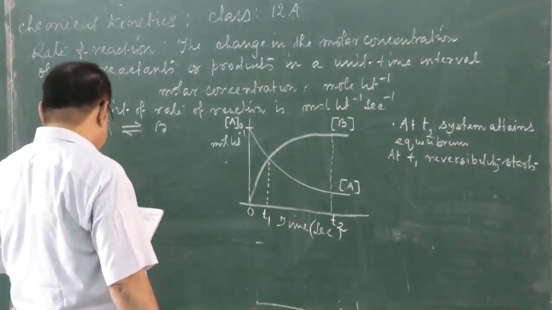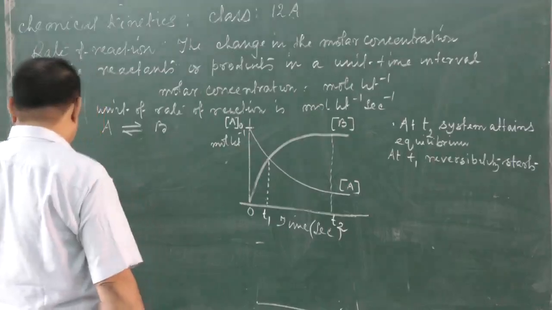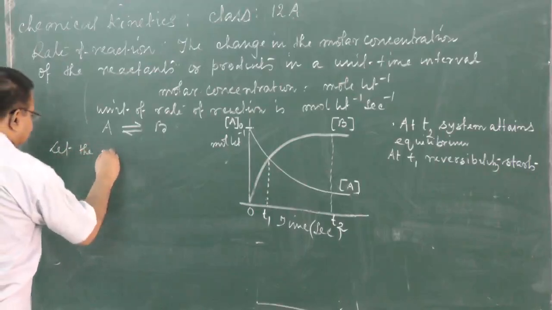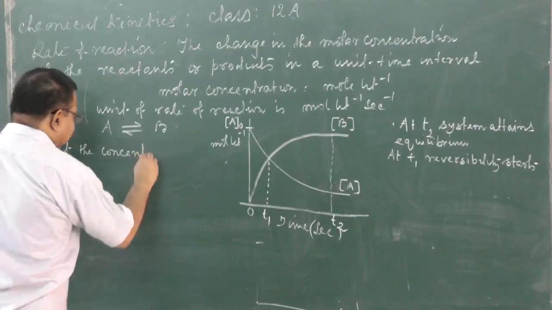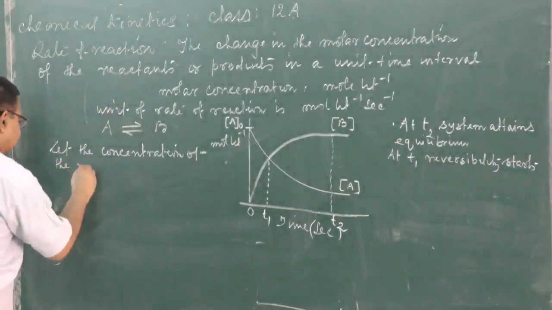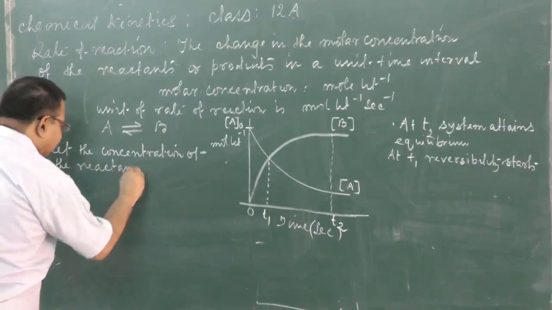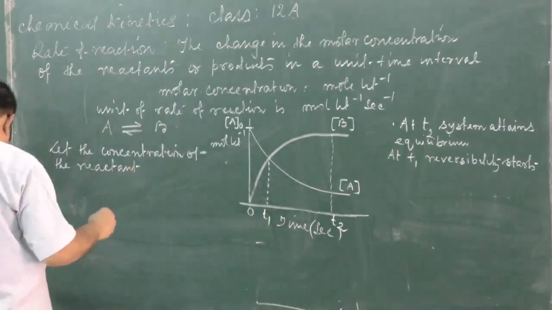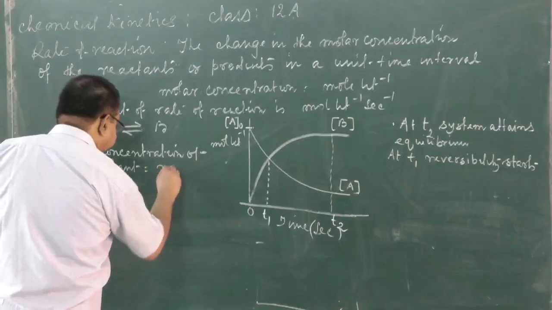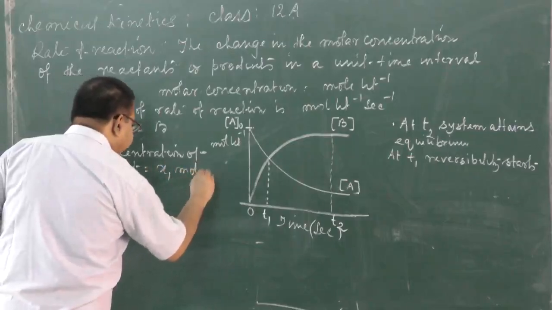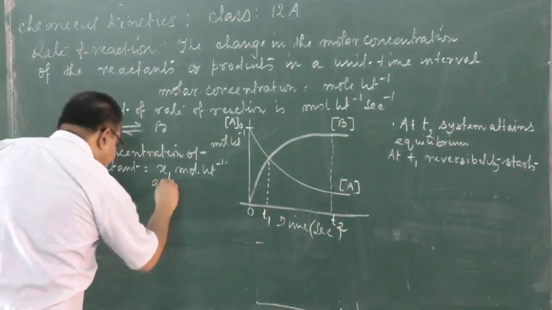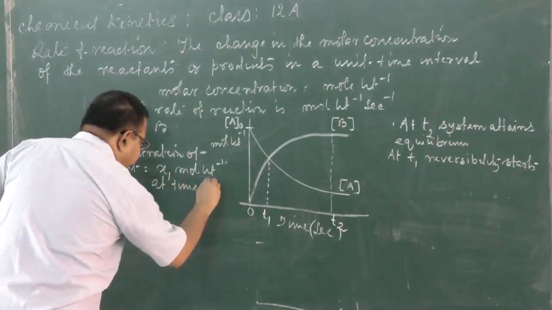Now the question is, let the concentration of the reactant be x1 moles per liter at time t1.